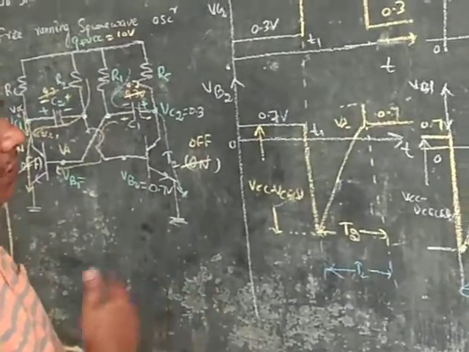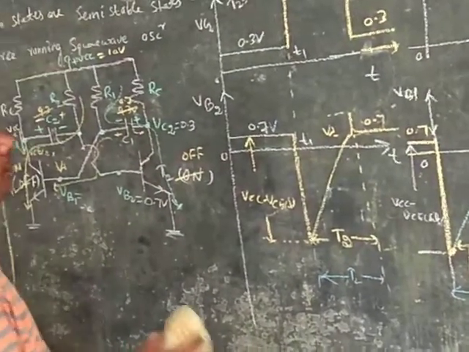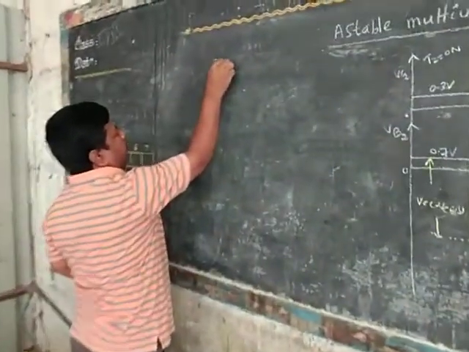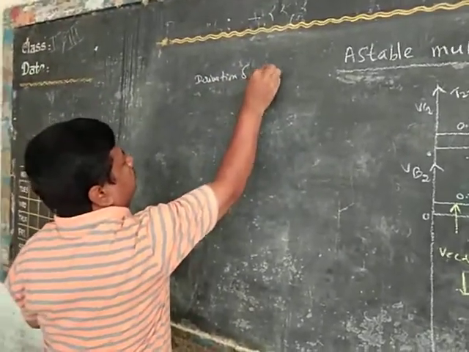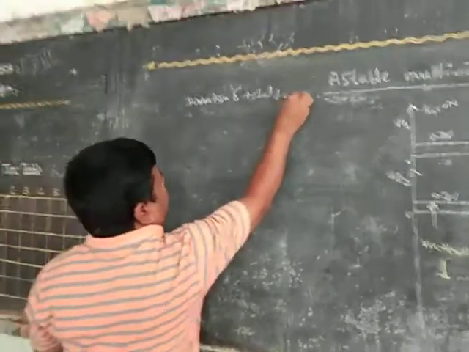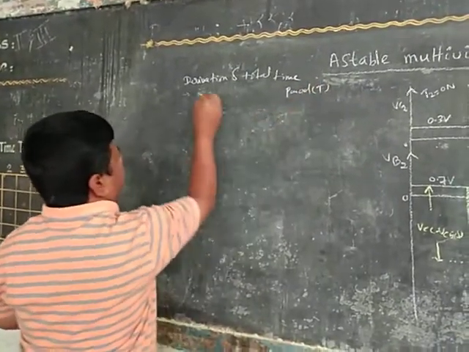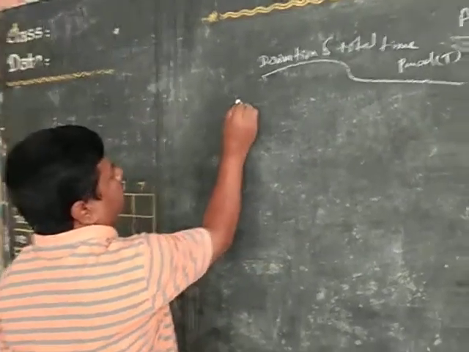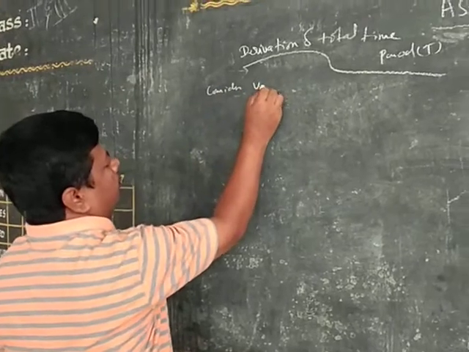Now again we have to derive the expression for the total time period. Derivation of total time period capital T. Okay, consider the VB2 waveform.